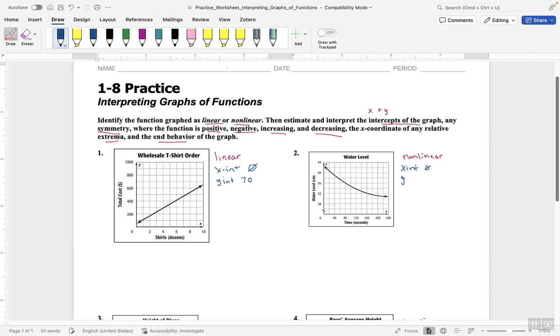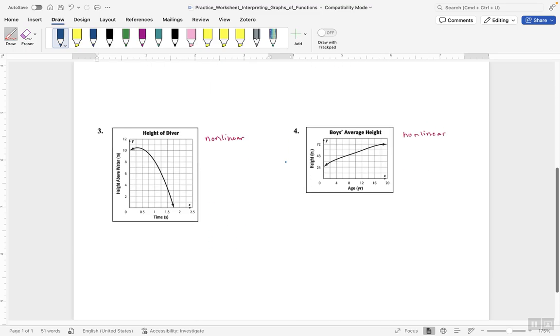The y-intercept looks like we cross at about 40, well, 42-ish. We'll just say 42. It does not have to be exact. We'll go down here and look at the x-intercept.